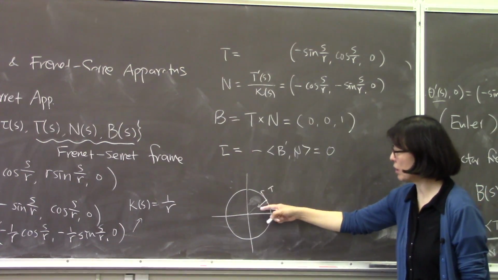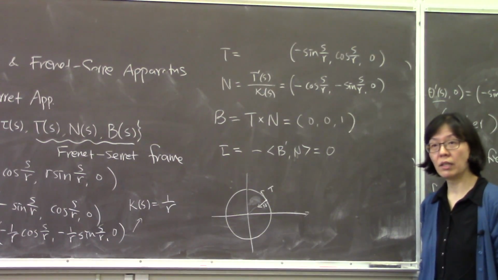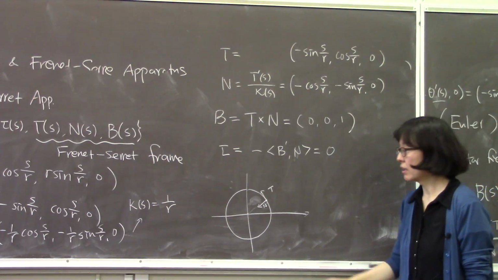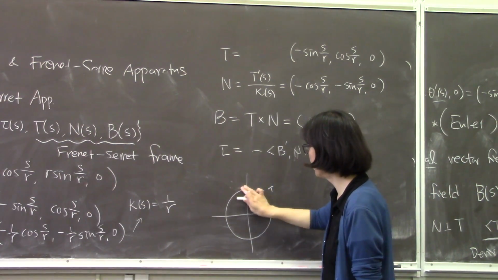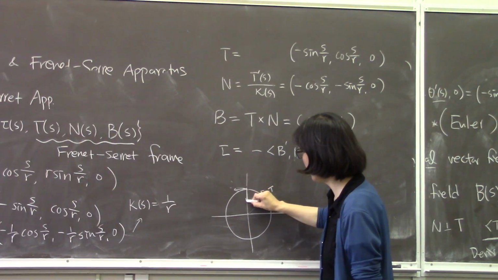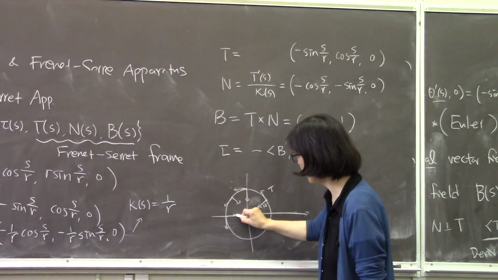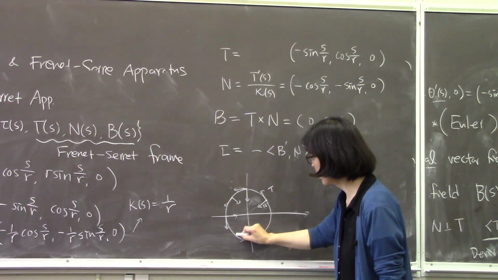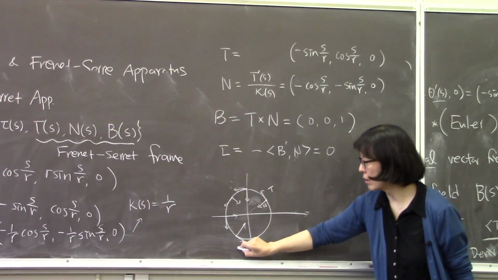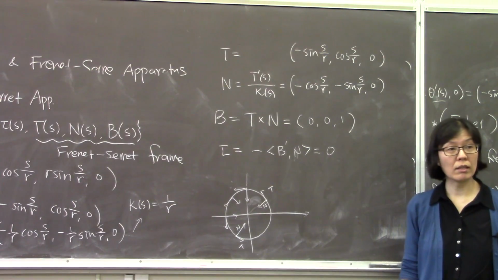So the dot product of T and N is 0, and T and N are like that.